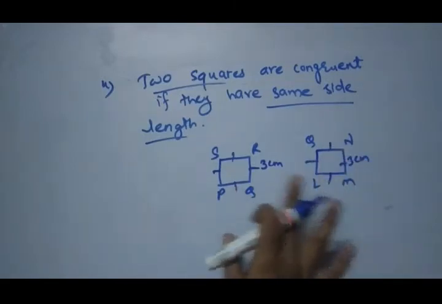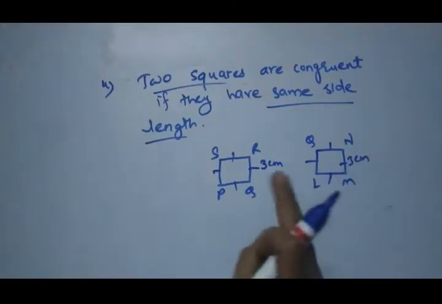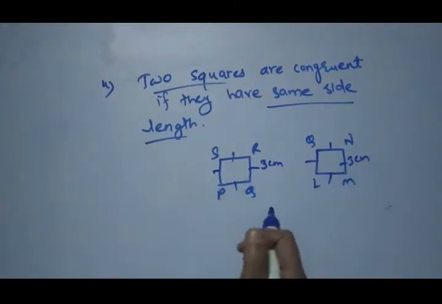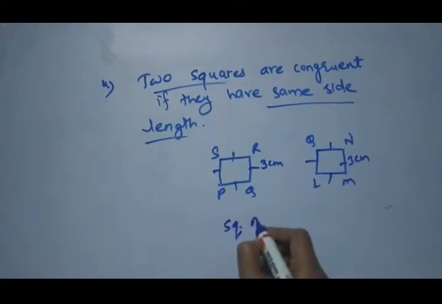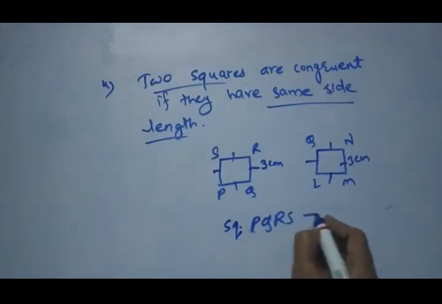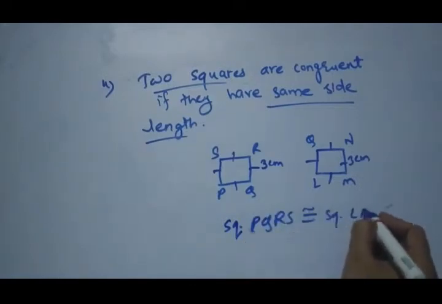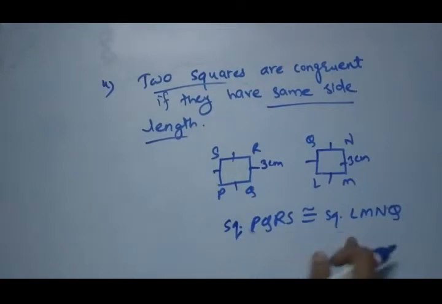So you can say that these two squares are congruent. When you place one square over another, they superpose each other. So you can say square PQRS is congruent to square LMNQ, because they have equal side length.